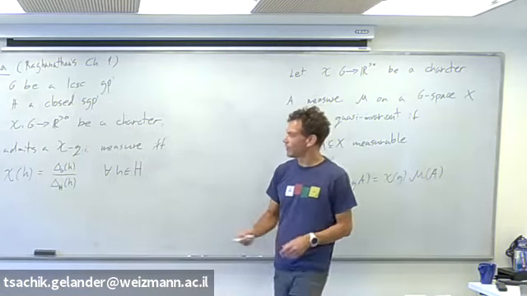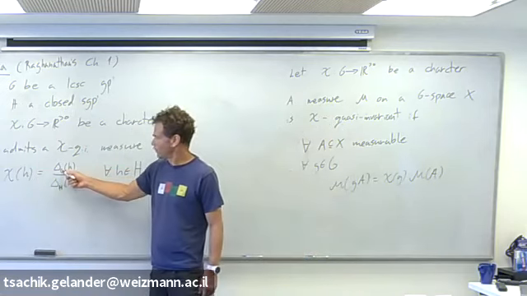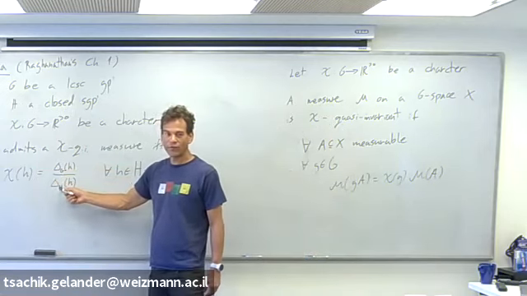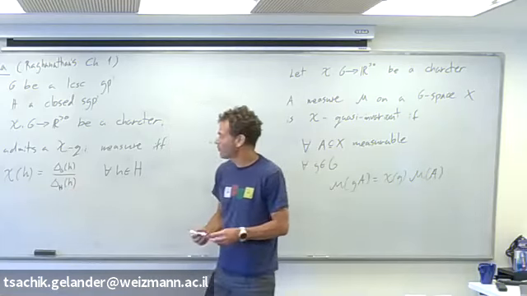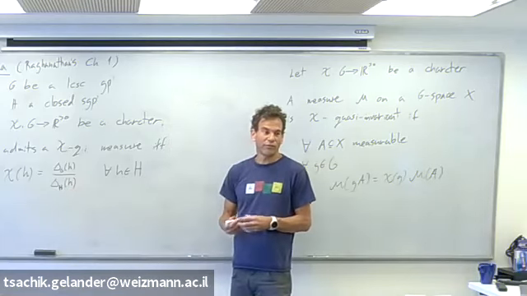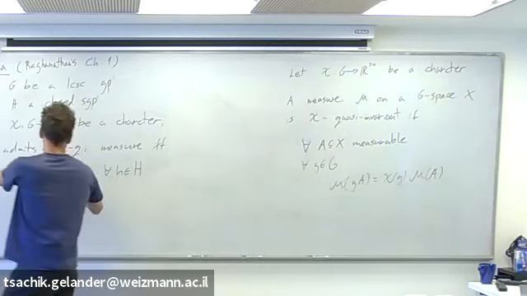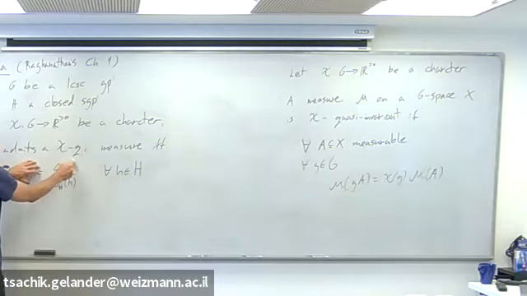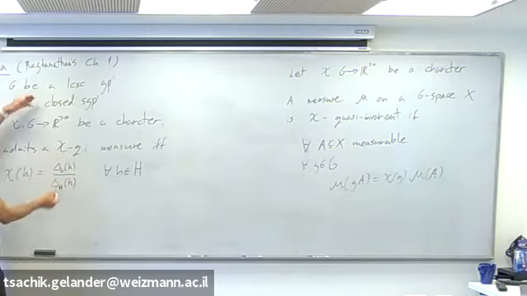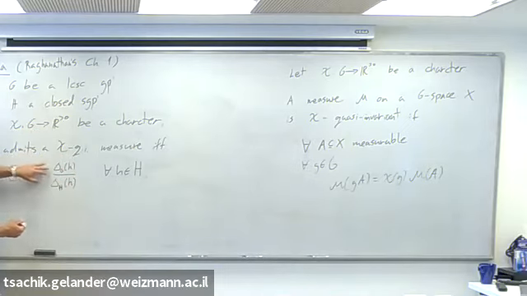That's the condition. So this is the modular character of G. This is the modular character of H. And the quotient of them is a character on H. So in particular, if you have a quasi-invariant measure on the homogeneous space G mod H, the corresponding character restricted to H must be this.